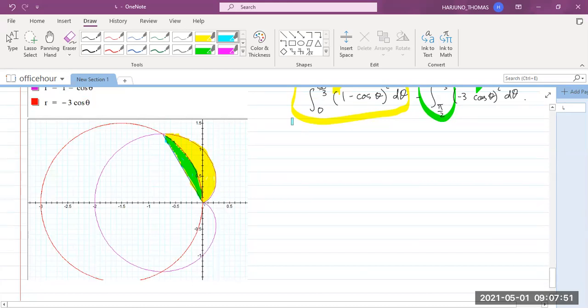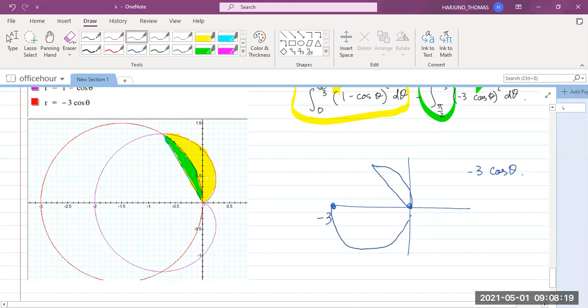Now, the common mistake was that people think this is from 0 to pi over 2 or 60 degrees, but no, it's not. When you have negative 3 cosine theta, when theta equals 0, it starts from here, up to pi over 2.